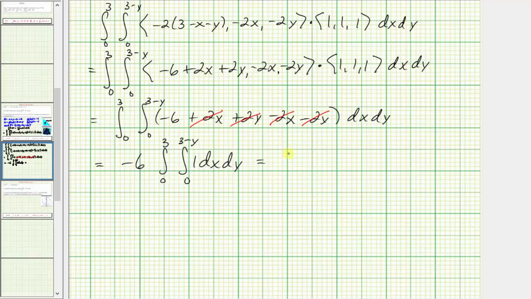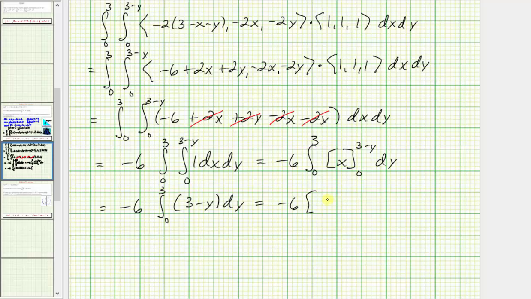So we integrate with respect to x first. So the antiderivative is just x. So F(b) minus F(a) is just going to be the quantity 3 minus y minus 0. So we just have 3 minus y. And now we integrate with respect to y. So we'd have 3y minus y squared divided by 2.